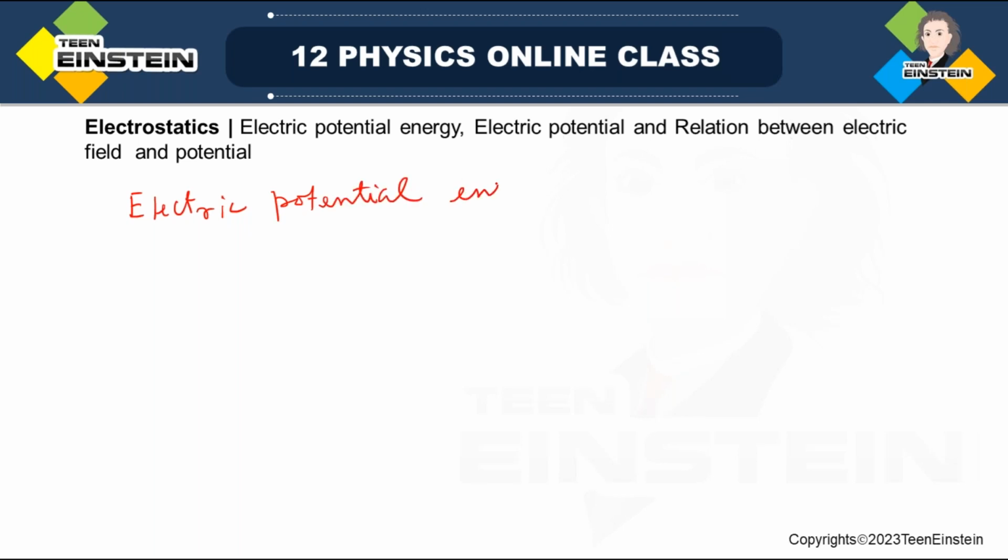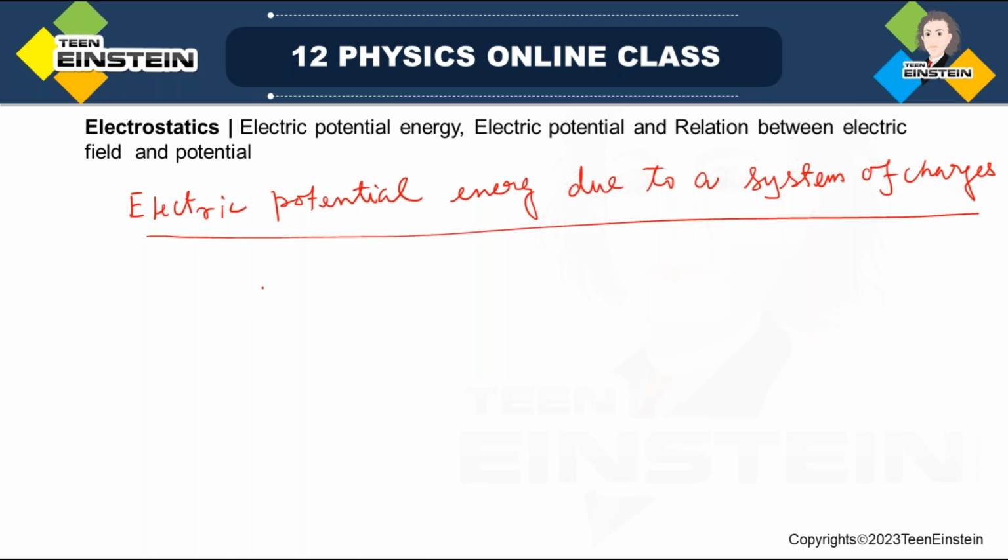Potential energy due to a system of charges. Okay, so I'll just write it directly. See, it could be written in terms of summation, divided by Rij.